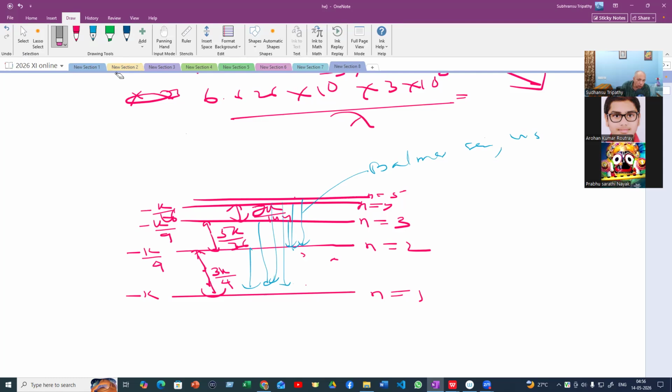But those transitions in which the culmination, the end, is 2, or all types of transitions are occurring during the de-excitation, during the return journey. So all these transitions 3 to 2, 4 to 2, 5 to 2 will produce the lines in the visible region.